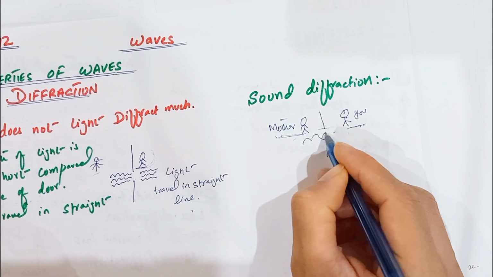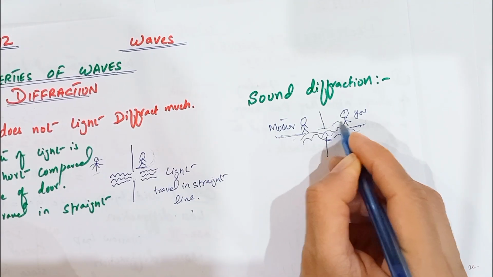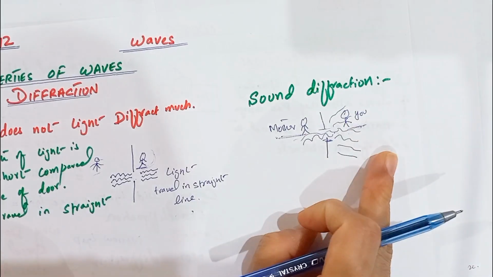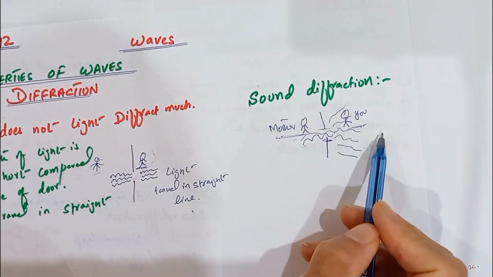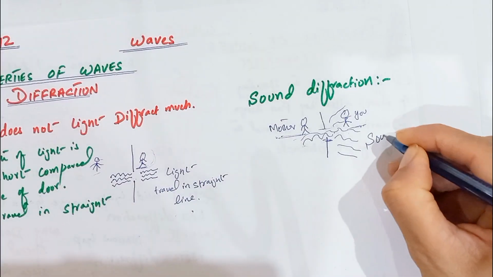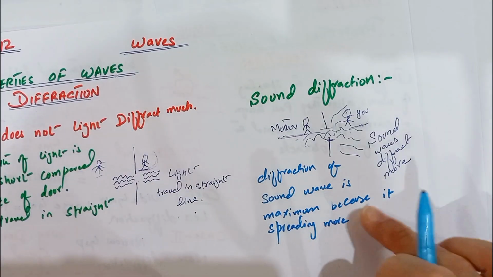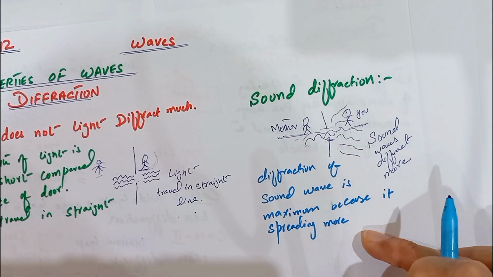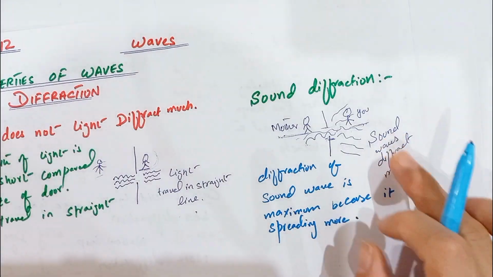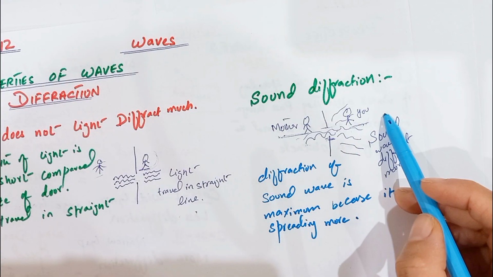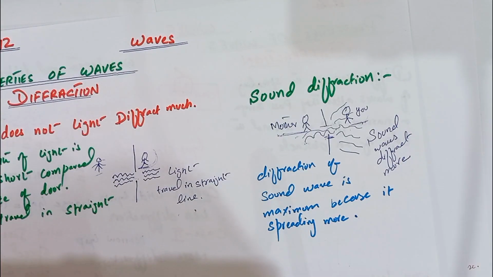After passing through this gap, the sound waves spread out in all directions. That's why you can hear your mother's voice: the sound wave diffracts more because it's spreading more. That's why we can hear someone's voice even if we cannot see them. That is all about sound diffraction.